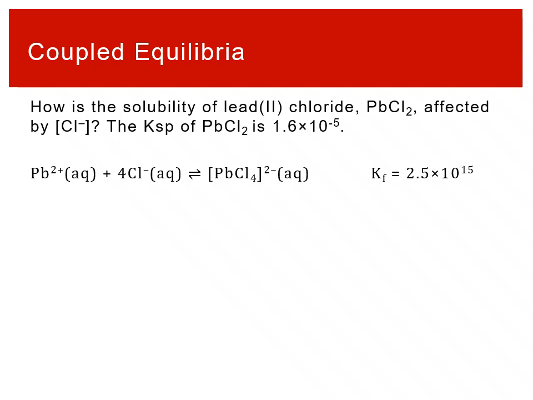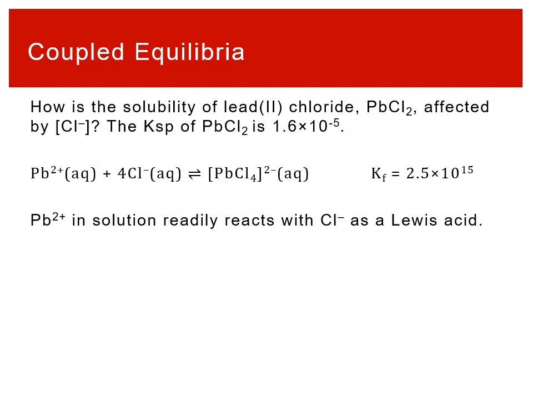This is an adduct, a metal complex ion in solution, and Kf for this is 2.5 times 10 to the 15th. So if lead-2 chloride dissolves in water, those lead-2 cations are really happy to interact with chloride to form these ions. This is going to happen really aggressively, forming these complex ions, and it behaves as an acid with the chloride, the Lewis base.